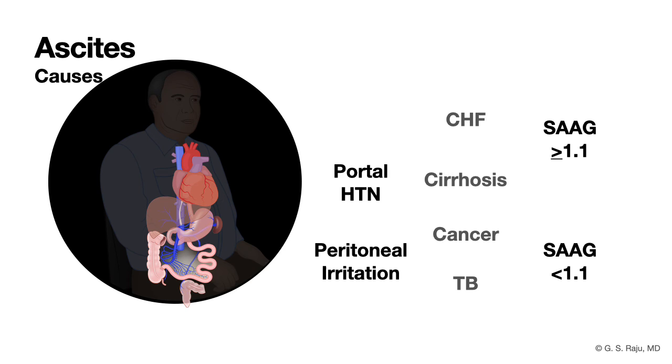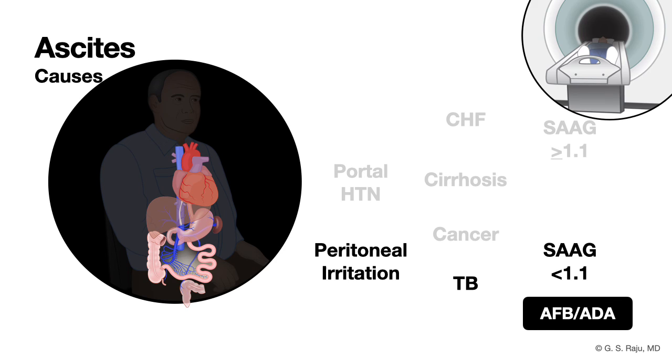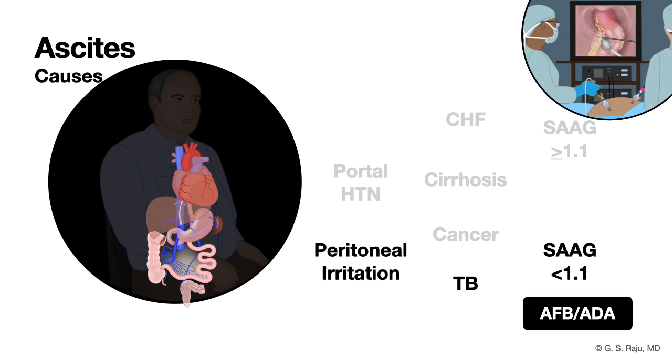They may have findings on the chest exam. So, when you think about tuberculosis, you should send the fluid for TB and ADA levels. And imaging may help. And in some cases, they may need a laparoscopy also to look for peritoneal tuberculosis.